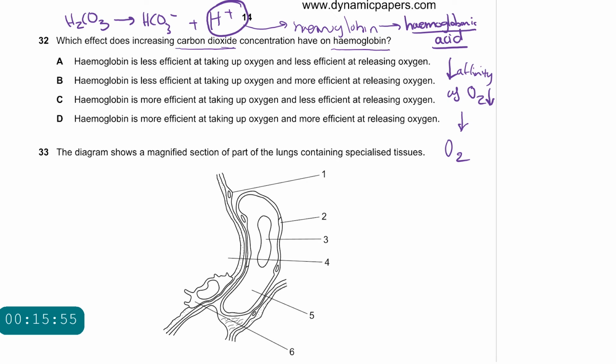Hemoglobin is less efficient at taking up oxygen. This is correct. And less efficient at releasing oxygen? It's not less efficient, as I said, it has a lower affinity, so it's actually more efficient at releasing oxygen. B. Hemoglobin is less efficient at taking up oxygen and more efficient at releasing oxygen. And this is definitely correct.